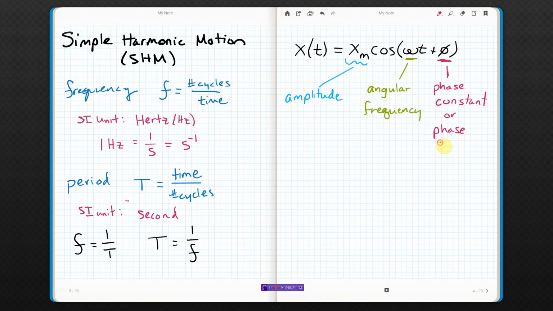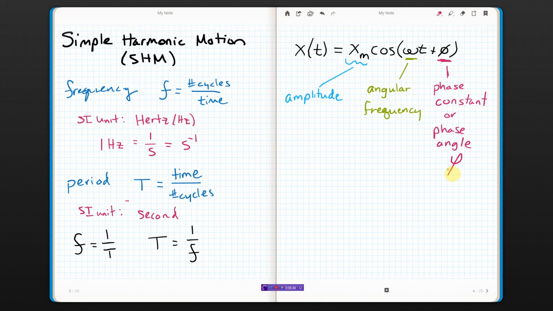By the way, I will often draw a phi like this. It's just a little faster. Those are the same thing. This is like a sloppy shorthand way of saying it.